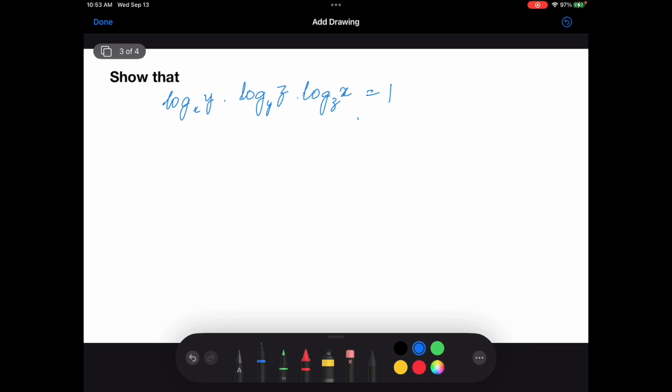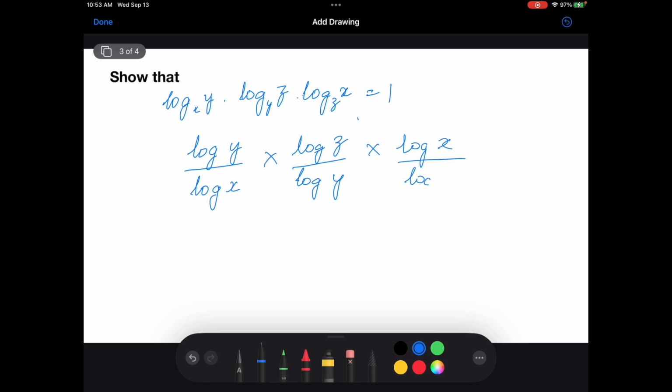Show that log y to the base x into log z to the base y into log x to the base z equals 1. We can easily solve this using the change of base rule. Let's write log y to the base x as log y divided by log x, into log z divided by log y, into log x divided by log z.